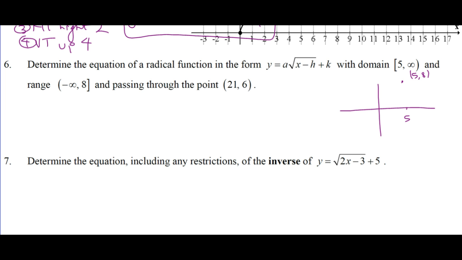Does it go right or left? It goes right. Does it go up or down? It goes down, because it's going to negative infinity, and it's got to go right, so it's got to be this way and this way.